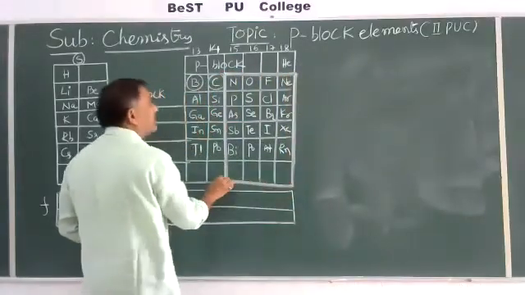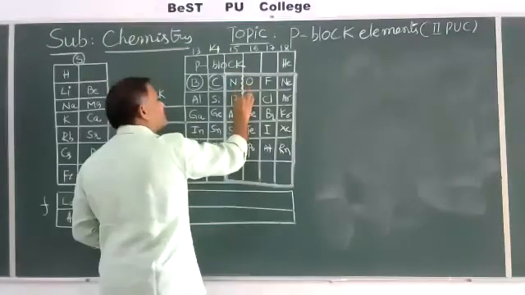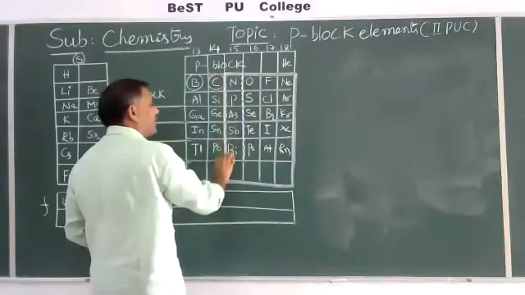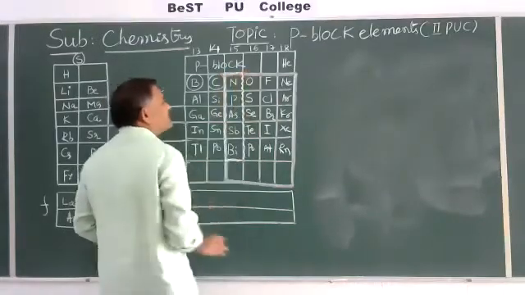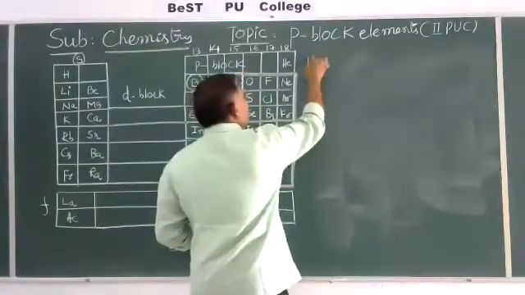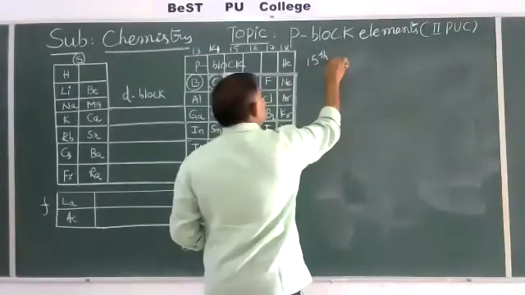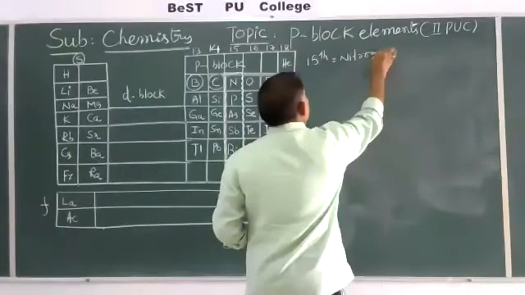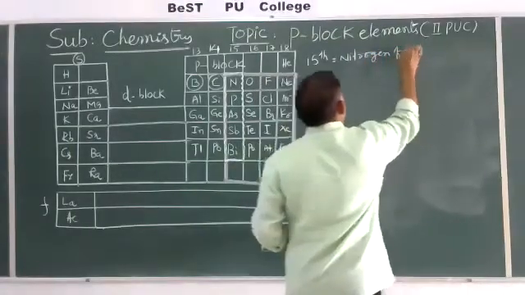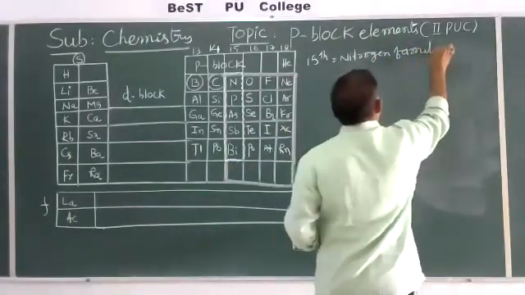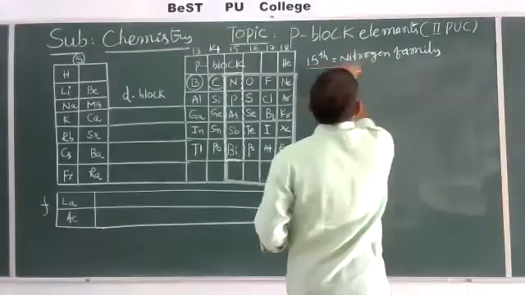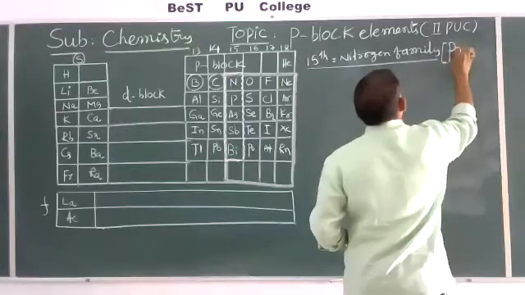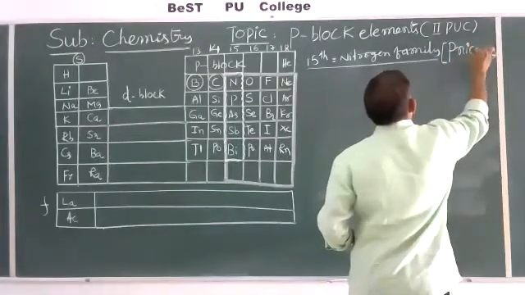In these 4 important groups, today I'll talk about the 15th group. This is the 15th group. These 15th group elements are also called the nitrogen family. The nitrogen family is also called pnicogens. P is silent.